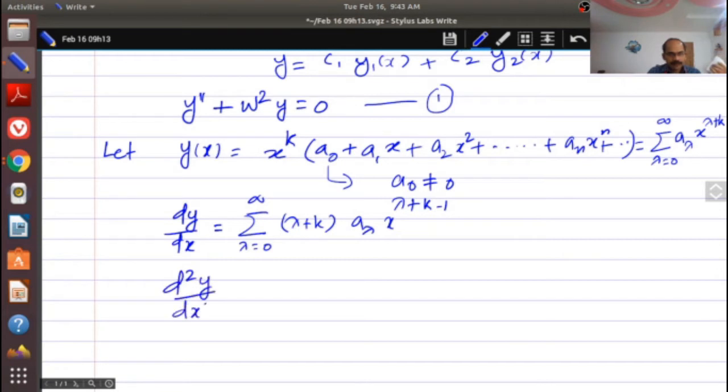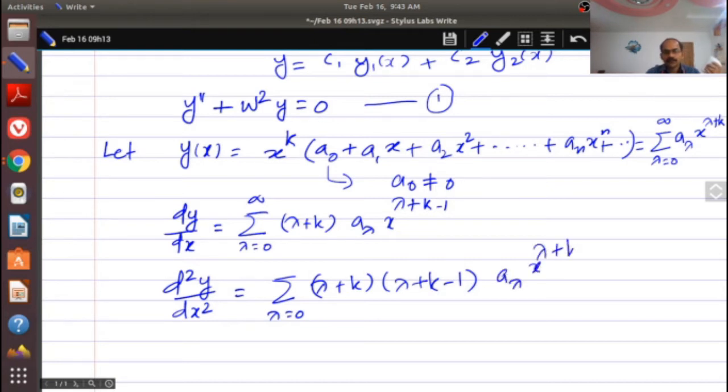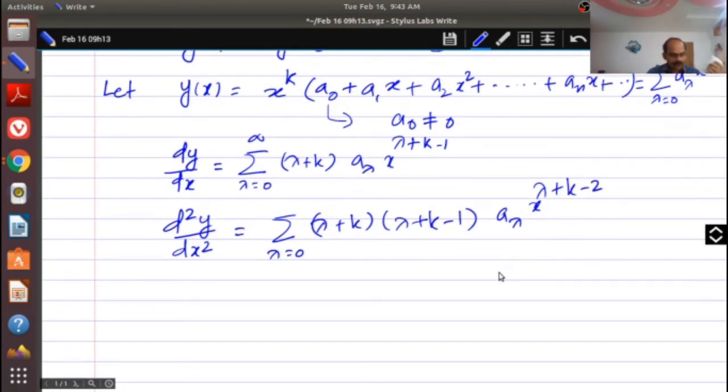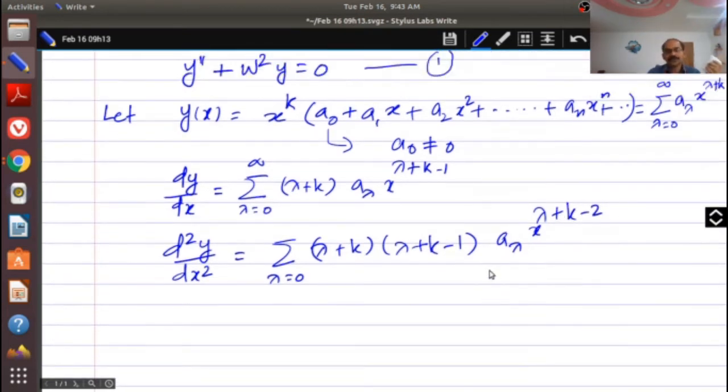That's it. So d squared y by dx square is equal to, again, summation lambda equal to 0, lambda plus k into lambda plus k minus 1 into a lambda x raised to lambda plus k minus 2. Now the job is simple, just substitute.